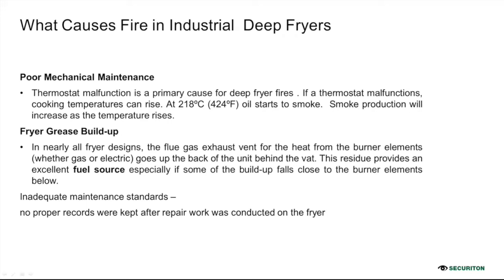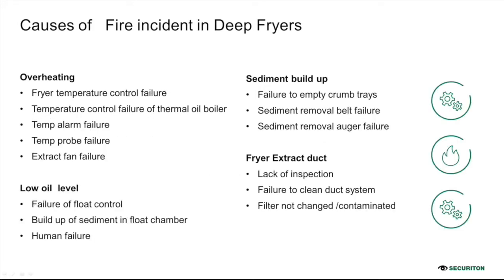Further than this are the main two issues besides causes. If you look into a further subdivision of the issues that cause a fire incident, for example, the overheating I mentioned earlier. Inside overheating, what we look at here would be fryer temperature control failure.